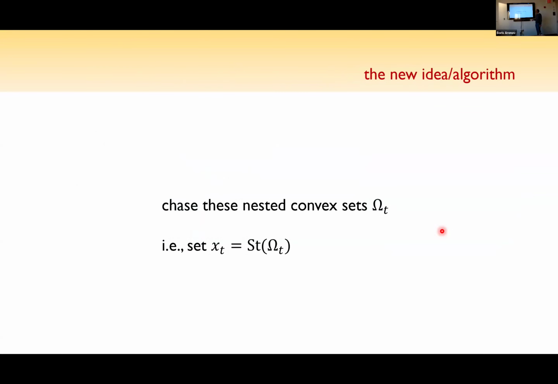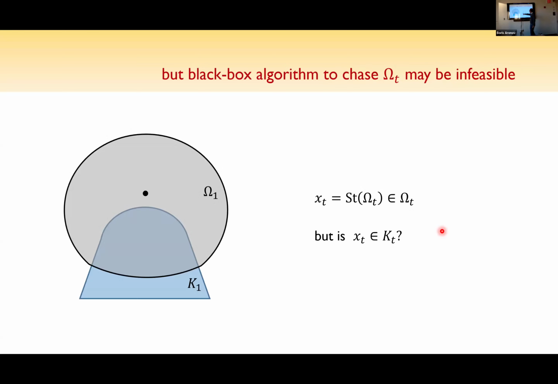Okay. So chase these nested convex sets. What's the problem? I'm chasing some stupid sets omega_t. I want to chase sets K_t. Why the heck is this Steiner point inside K_t?